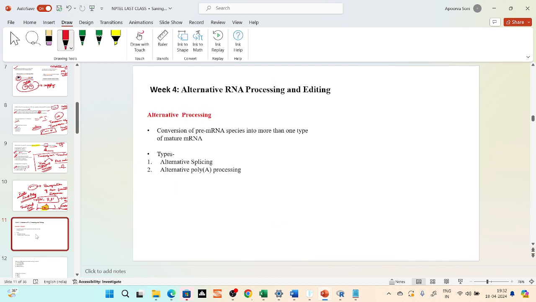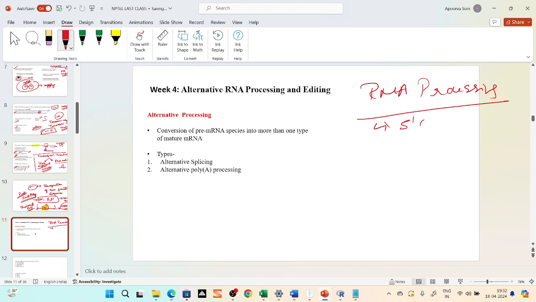Now we'll come to week 4. In week 4, we have studied alternative RNA processing. Now, what is the meaning of alternative RNA processing? Up till now, we have already studied all these things, we are just revising. If we talk about RNA processing, what do we talk about?